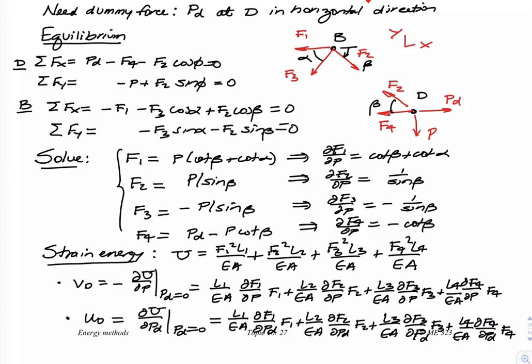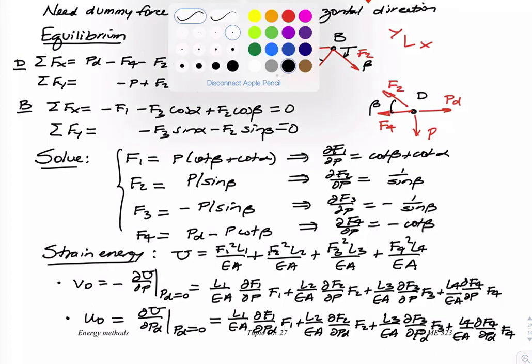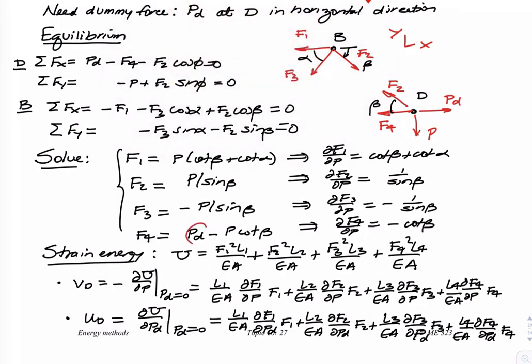So there are those. If we also look, we see that the only place that PD appears is in F4. So we can strike out this term, and this term, and this term, and what we'll put in there is going to be a 1.